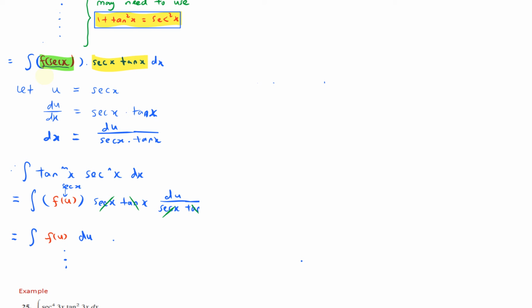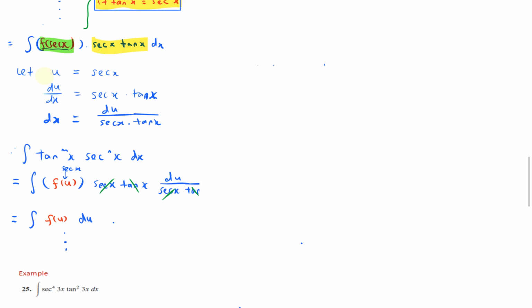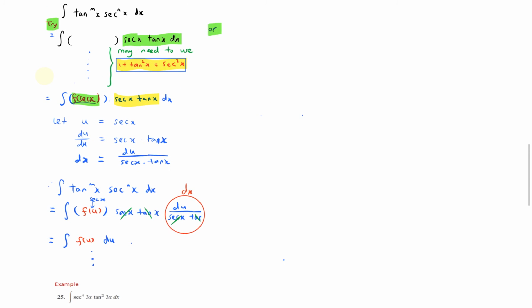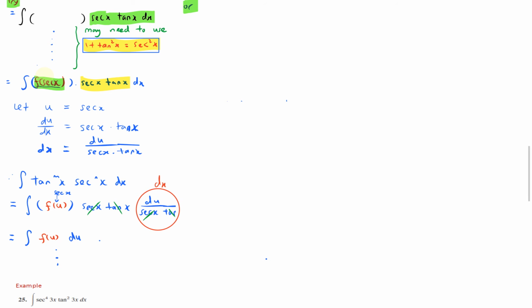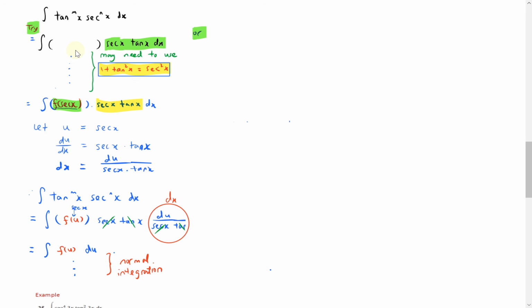So after that you put in, and this is your dx. After that you can just do normal integration. So that's the first alternative.